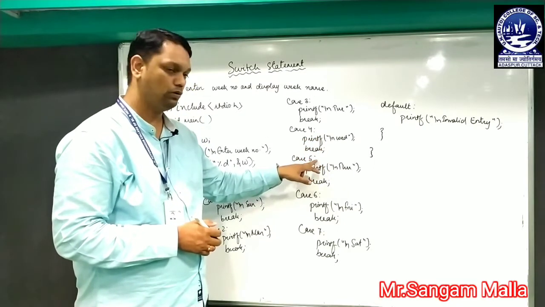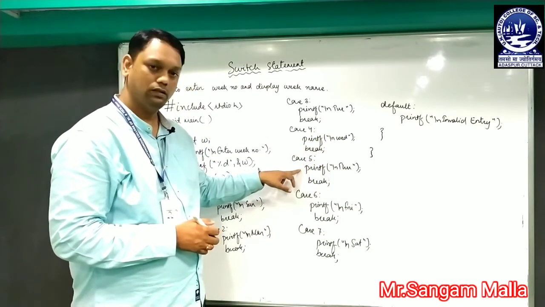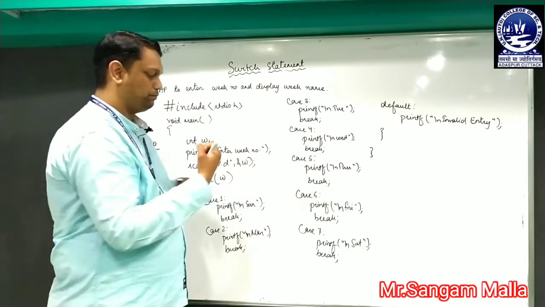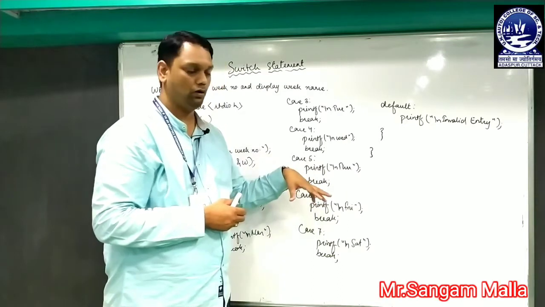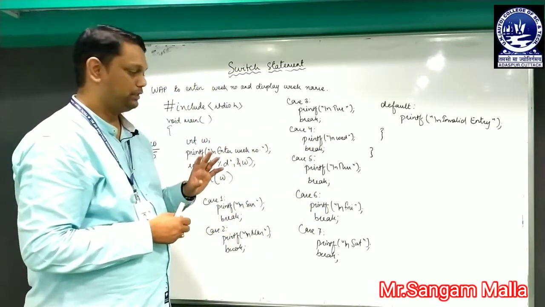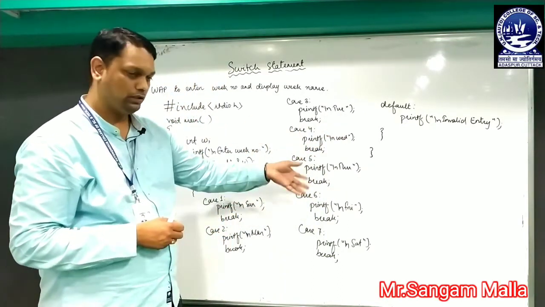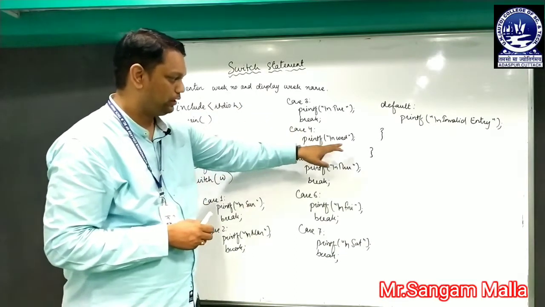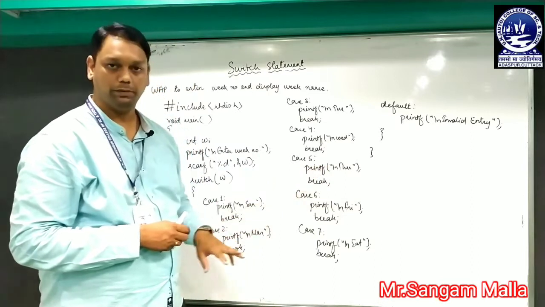That means 5 is equal to 5. So it will print Thursday, and this break statement will take the execution point out of the block and our answer will be printed. That means whenever a user enters any value between 1 to 7, then the corresponding week day will be printed.